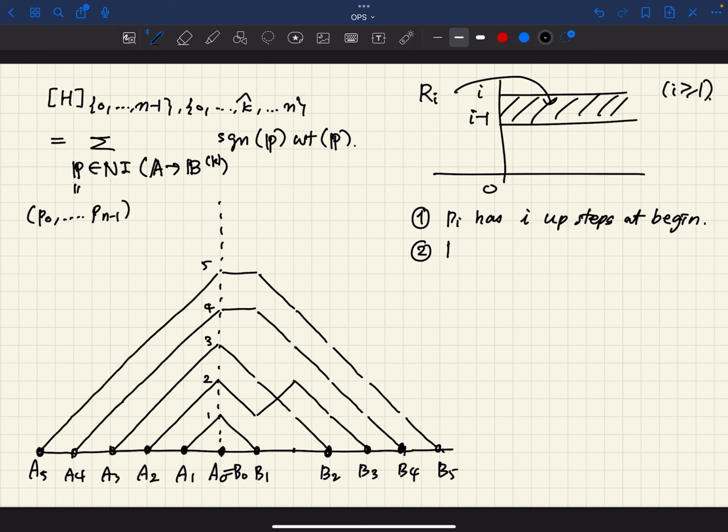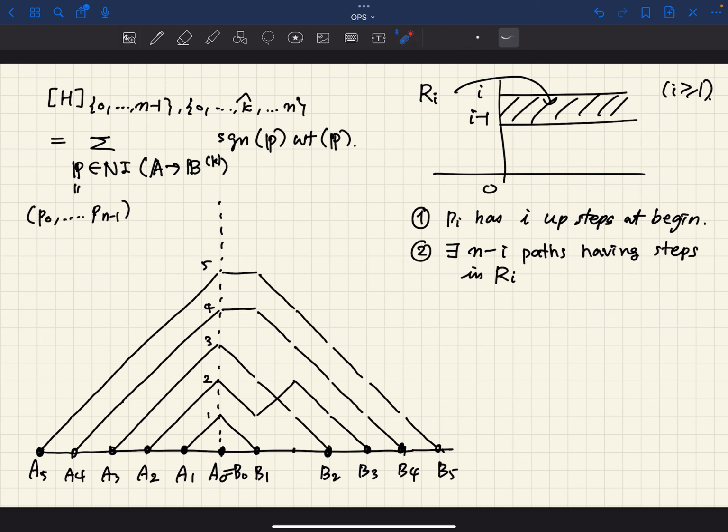So in R_i, there are n minus i paths having at least one step in R_i.